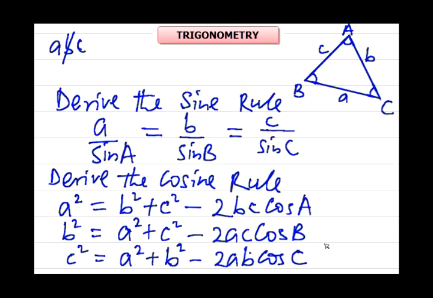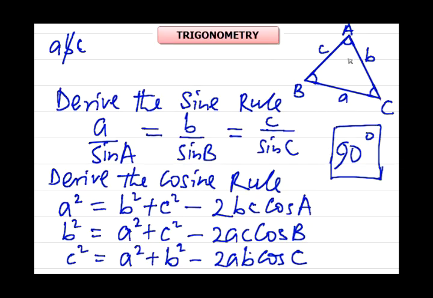Okay, so this is the cosine rule. And now you may ask me, when should I use the sine rule or the cosine rule? Anytime you have a triangle such that none of the three angles is 90 degrees, then you should use either the sine rule or the cosine rule to find either the length or the angle. Once none of the angles is 90, then you must use the sine rule or the cosine rule.